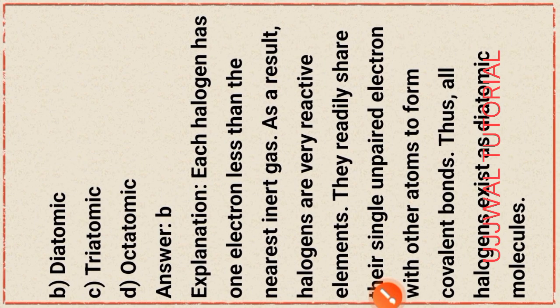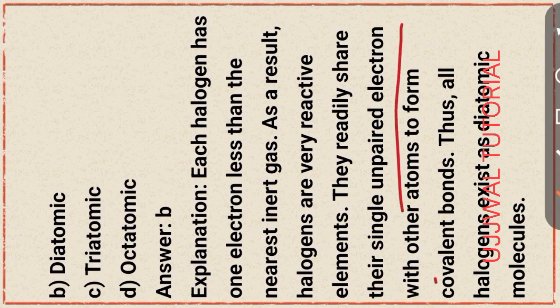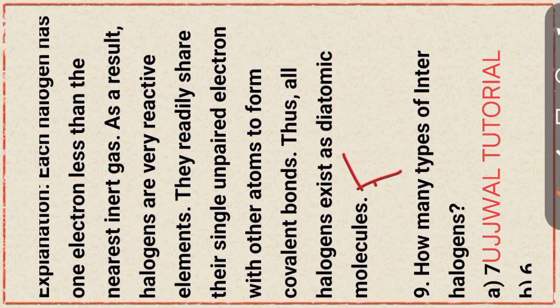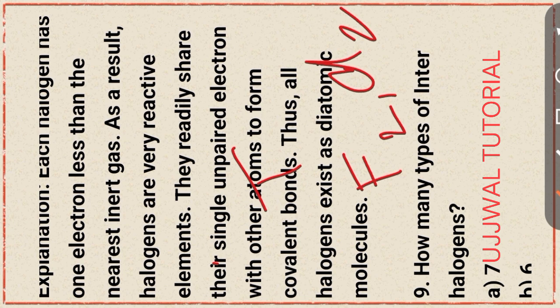They readily share their single unpaired electron with other atoms to form covalent bonds. Thus all the halogens exist as diatomic molecules, for example fluorine F2, chlorine Cl2, bromine Br2, iodine I2.